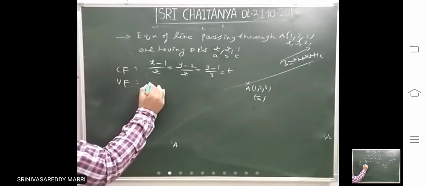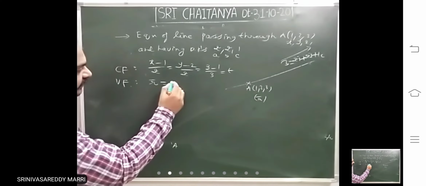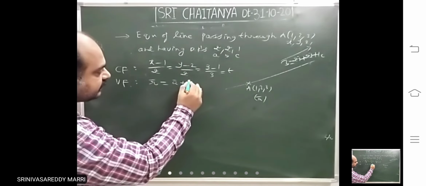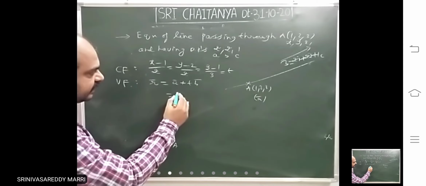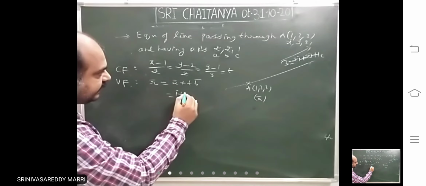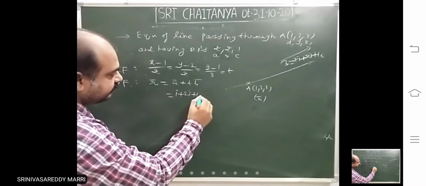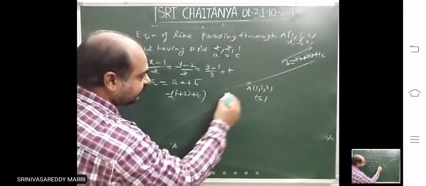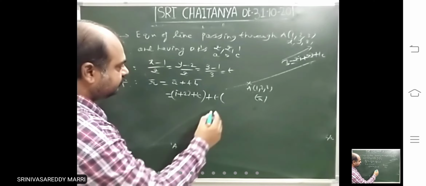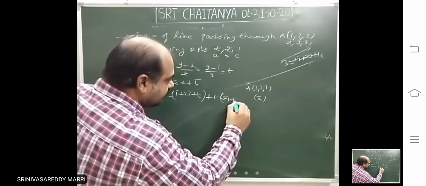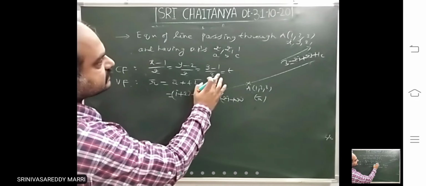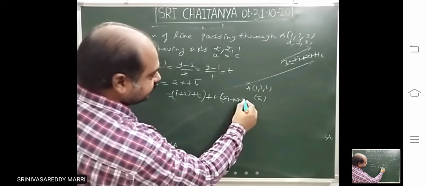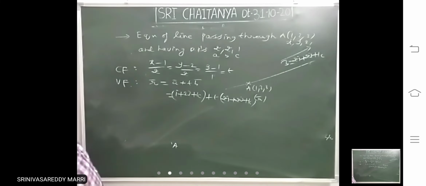Vector form means R bar equals A bar plus t B bar, with the point above. You write it like this: i plus 2j plus 3k as the position vector, plus t into (2i plus 2j plus k).